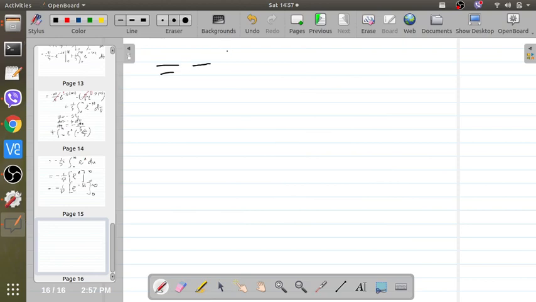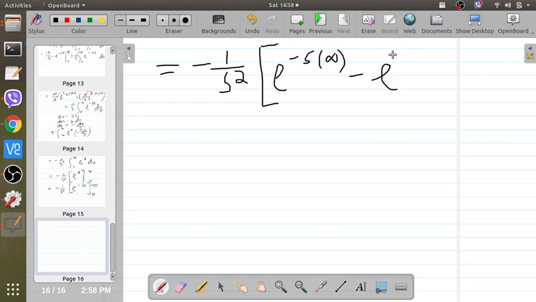So negative 1 over s squared, substitute and find the limit: e^(negative s times t) where t is infinity, minus e^(negative s times 0).